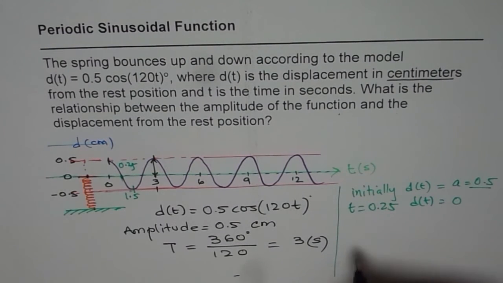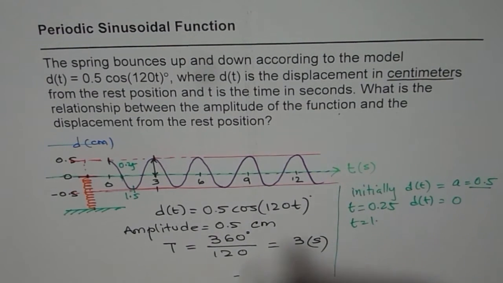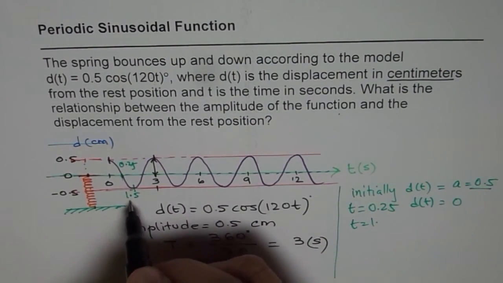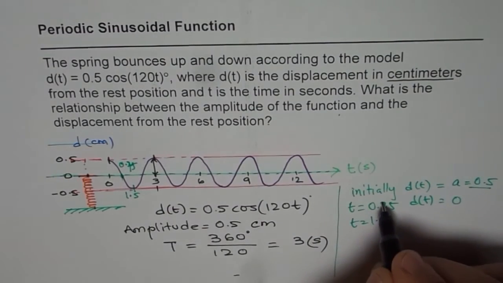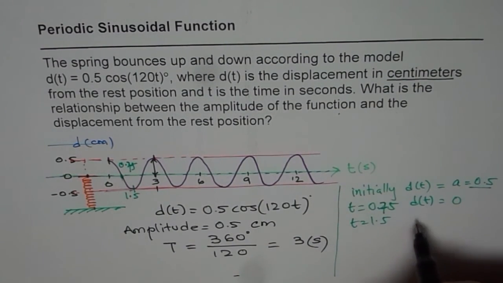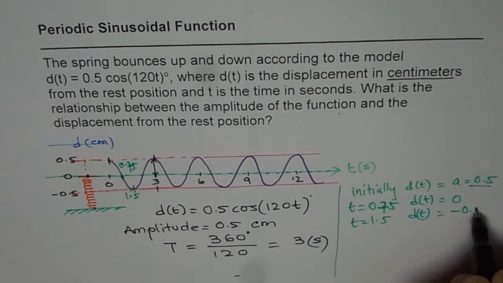Do you see that? When t equals 1. I did wrong, 1.25. So 3/2 is this, 0.75 I should have written, sorry for that. Okay, so when t equals 1.25, then displacement is equal to negative 0.5, right?